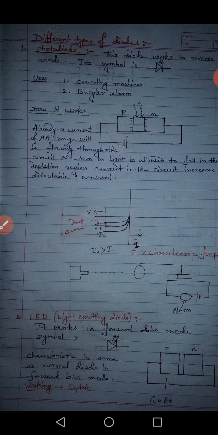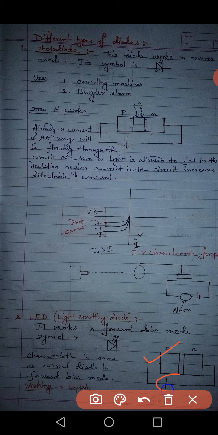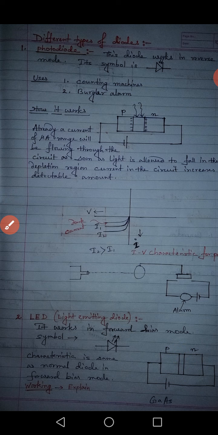Simple thing. That means when this is a PN junction, suppose LED, connected in forward bias like this, then from P side holes will go to N side, from N side electrons will move to P side. During their movement there will be recombination of electron and hole. As a result, the energy which will be liberated falls in the visible range, and that is why we will see some light.